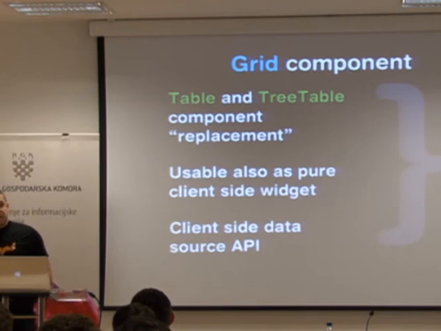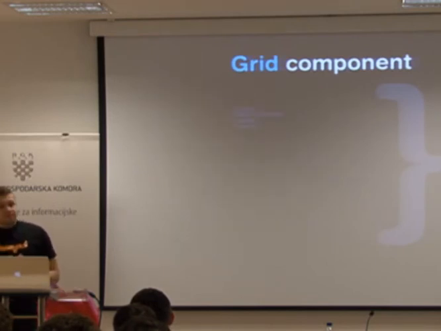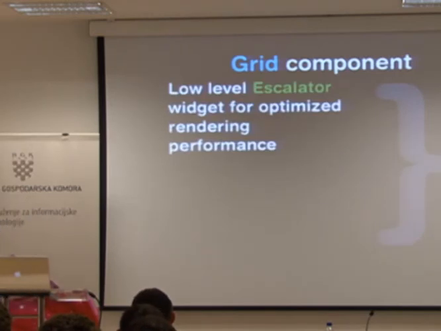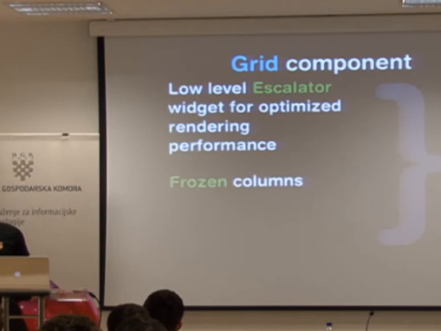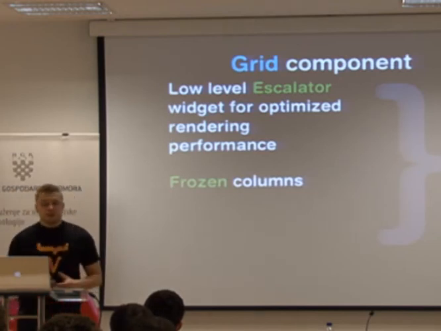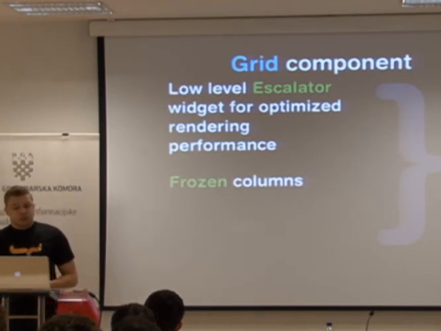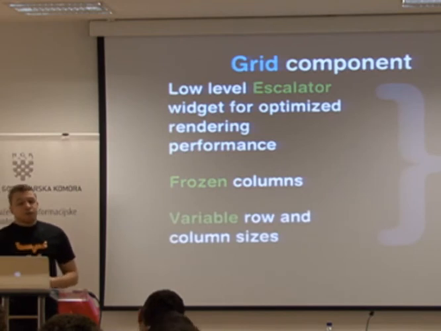And this will also give us a new data API for the client side, so that the actual implementation can be anything other than the server-side container model as well. Grid is actually based on a low-level Escalator widget, which is heavily optimized for rendering performance. And this is the key point of the new Grid component.